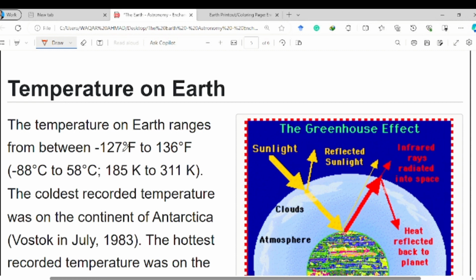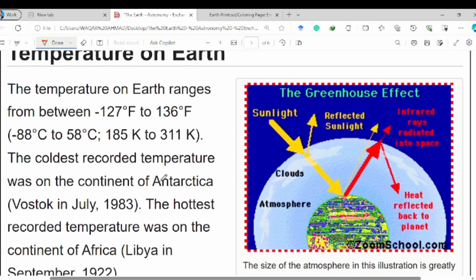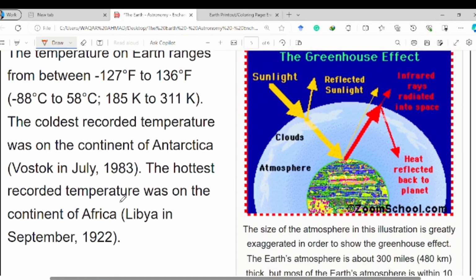The coolest recorded temperature was on the continent of Antarctica, and the hottest recorded temperature was on the continent of Africa, in Libya, in September 1922.